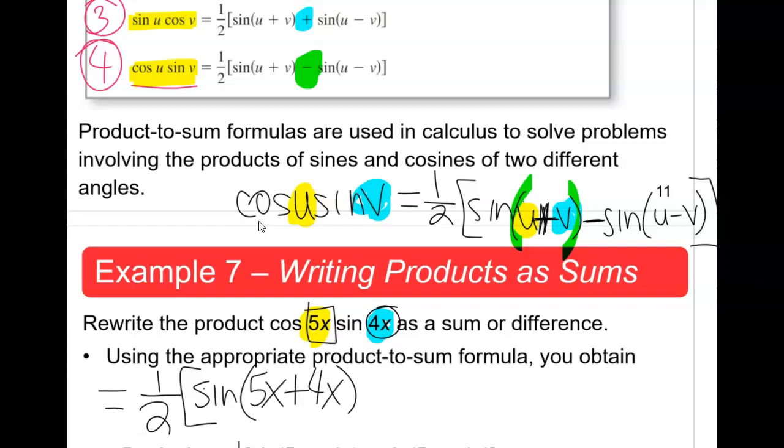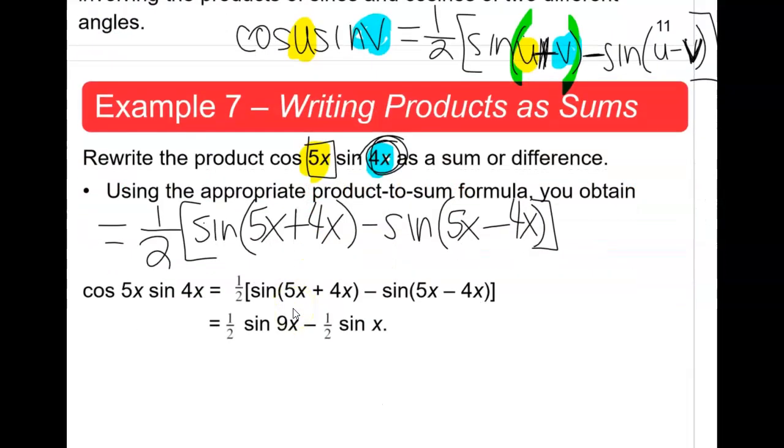Then we have a minus from the formula, and then we need sine of the first angle, which is 5x, and then minus, and we have here the second angle, which in our case is 4x.